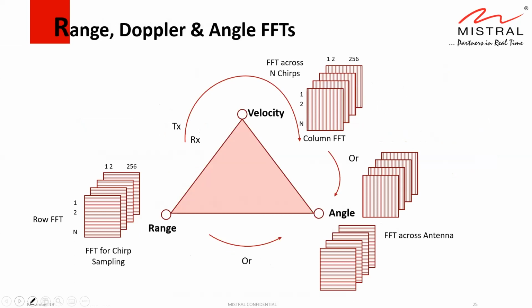As a summary, if you do an FFT on received chirps, you will get the range information. If you do a 2-dimensional FFT across received chirps, you get velocity information. And if you do a 3-dimensional FFT across different ADCs, you get the angular resolution.